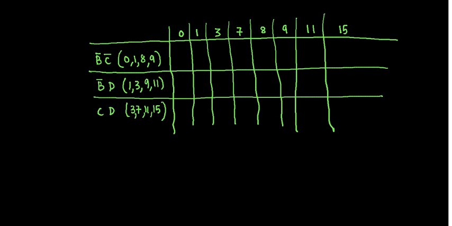Okay, now listen carefully. You put a cross in the boxes where the respective terms have been covered. So 0 1 8 9 here, 1 3 9 11. Tell me here, see, 3 7 11 15.